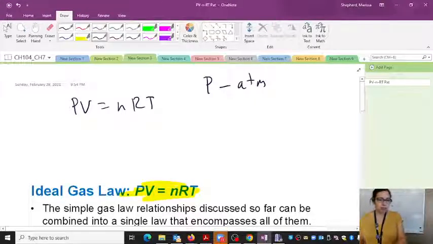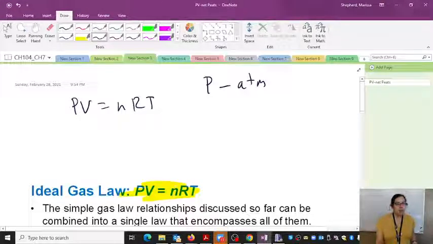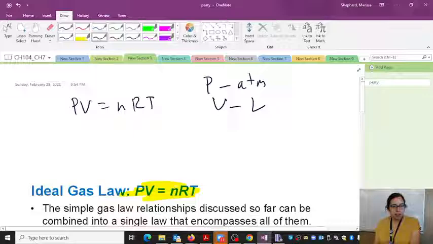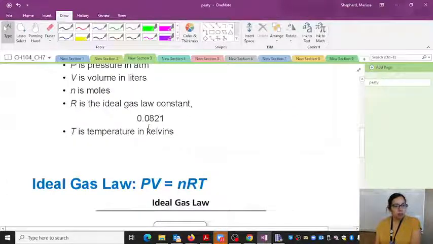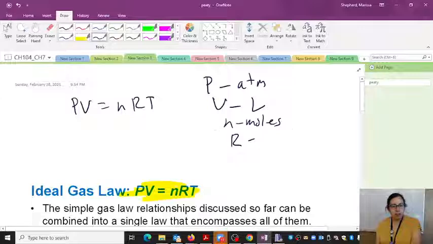So this is where all the units matter once we use this ideal gas law. So pressure is in ATM, volume is in liters, and of course n is our moles. And then this R is this 0.0821, and that's for moles, liters, Kelvin, ATM.